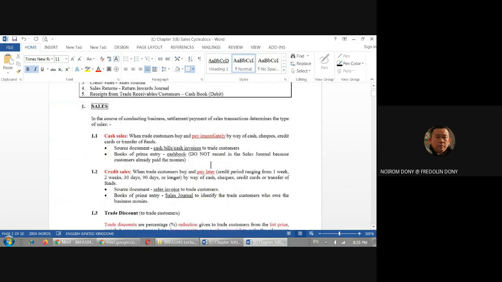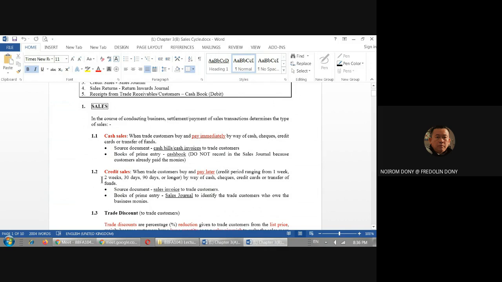Now, in the course of conducting business, the settlement or payment of a sales transaction determines the type of sales. So how do you identify whether it is credit sales or cash sales? You look at the payment method. If it's paid later, then it's credit sales.